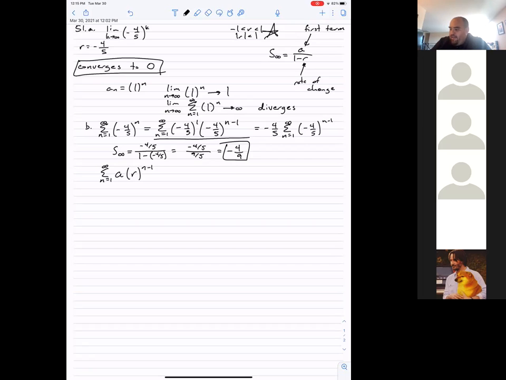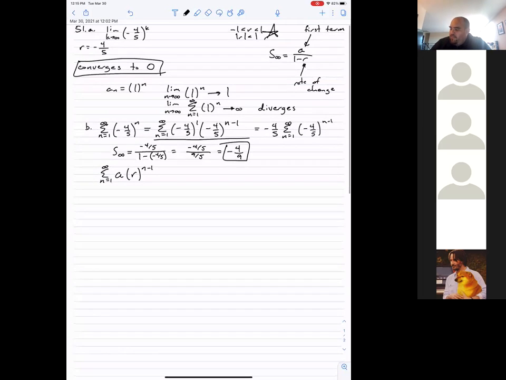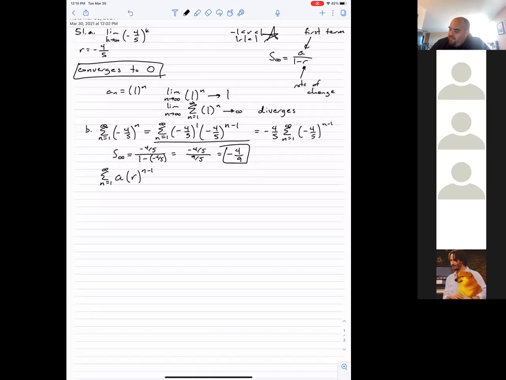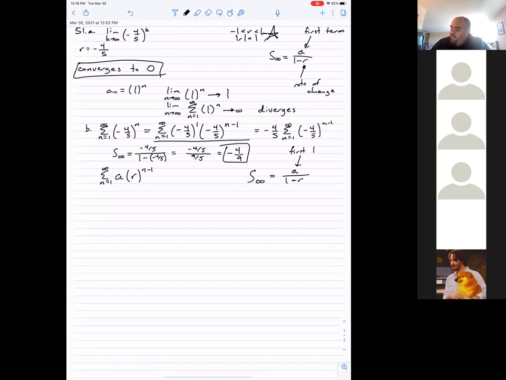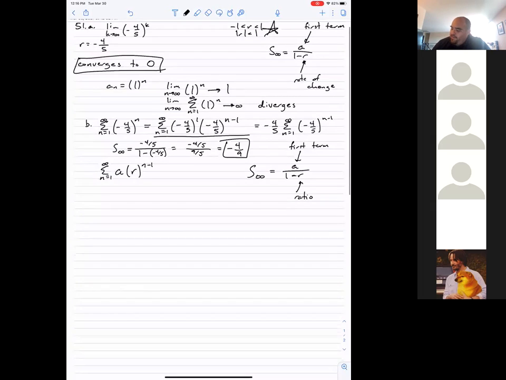So one thing I want to point out fundamentally is that this formula, the sum to infinity of a geometric series, is equal to a over 1 minus r. And all you really need to focus on is what's the first term and what's the ratio or the rate of change, however we're going to look at it.